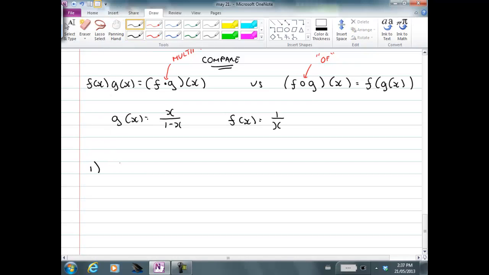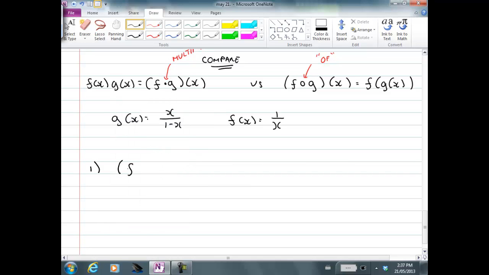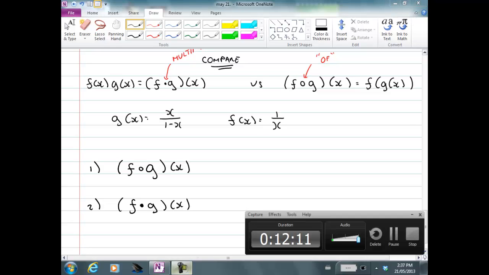I want f o g of x. That's the first thing I want you to do. 2. f closed circle g of x. See, there's a huge difference between open circle versus a closed circle.